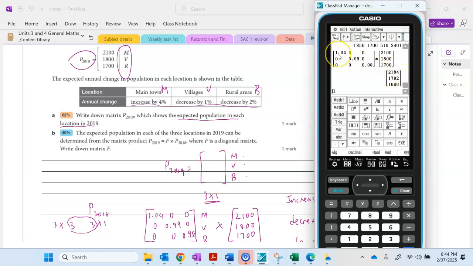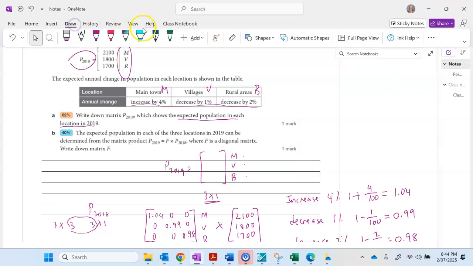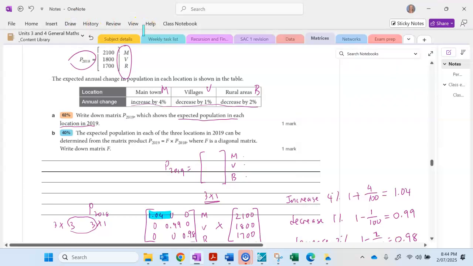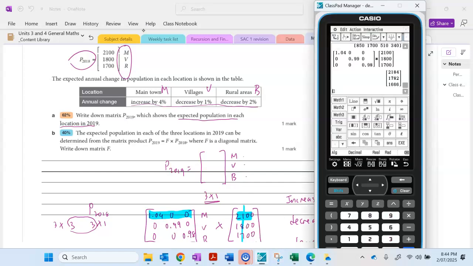So when we're multiplying matrices, just remember that we go across, then down. The reason why we only do the diagonal is because we only want the M to be multiplied by 1.04. So this 0 is going to multiply the 1,800, and this 0 is going to multiply the 1,700. All right, so we end up just with the 2,184.